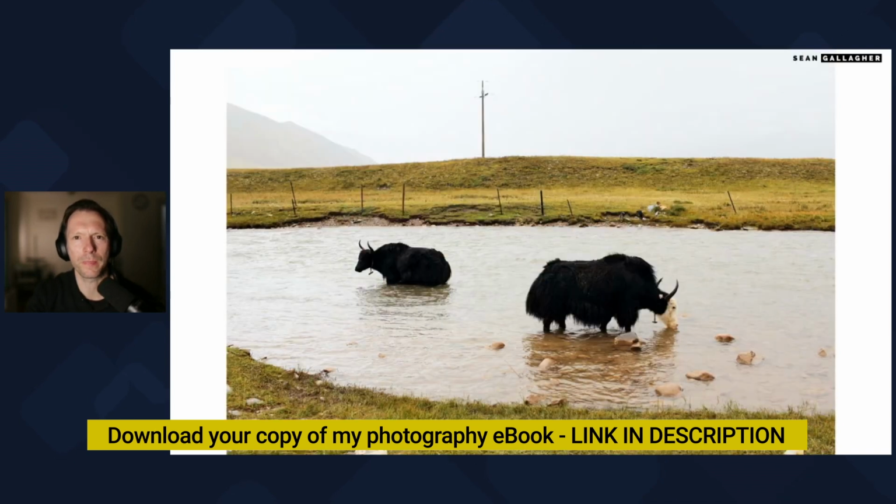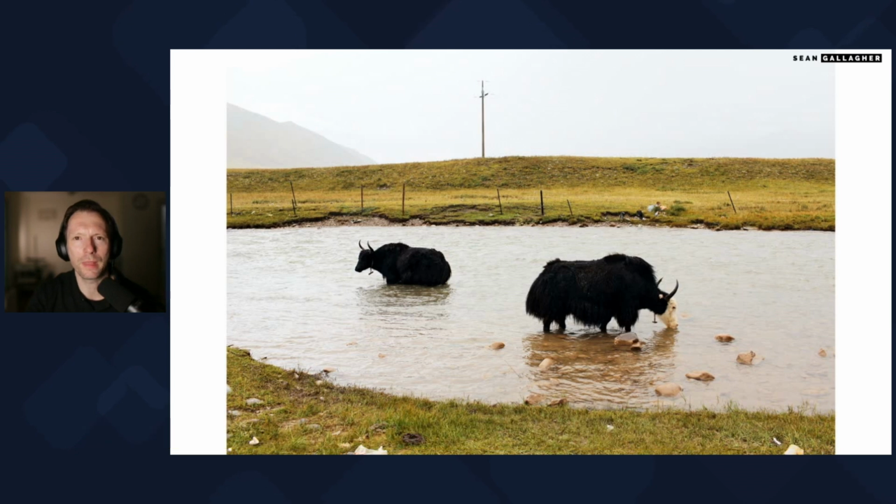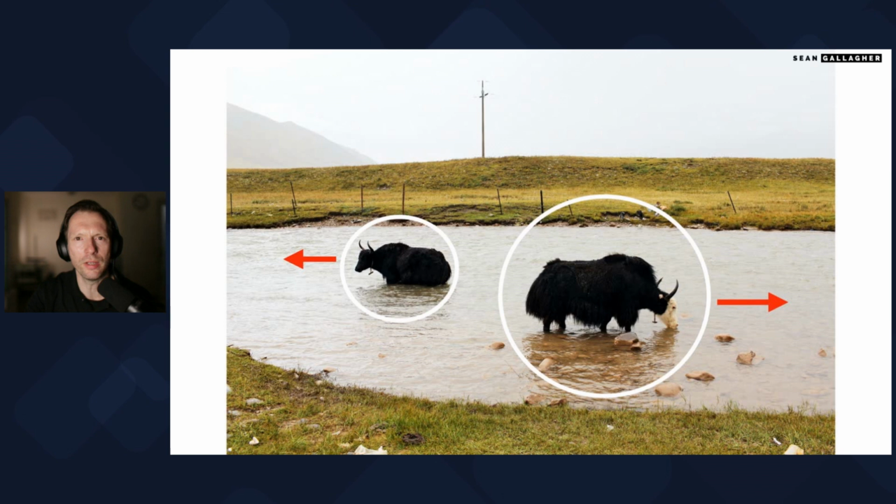And again, like in this image that you can see of these two yaks, similar in the way to the image of the horses in Mongolia, we have the two yaks positioned, one to the right, one to the left.